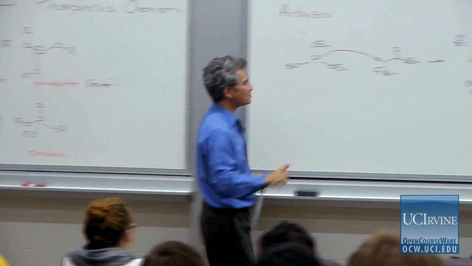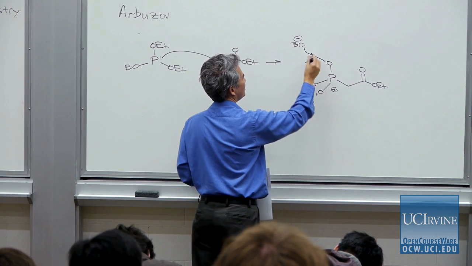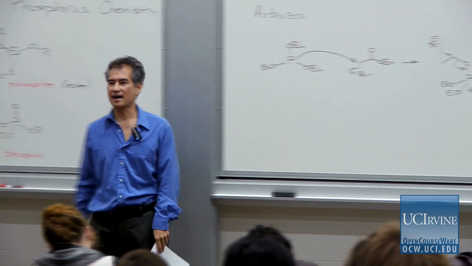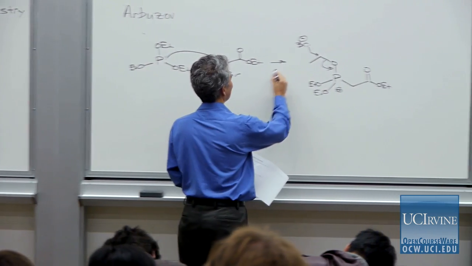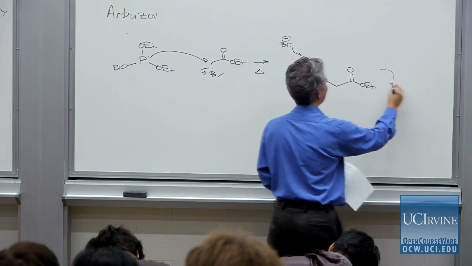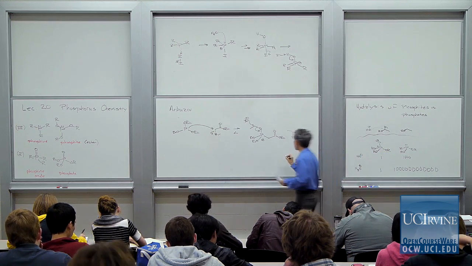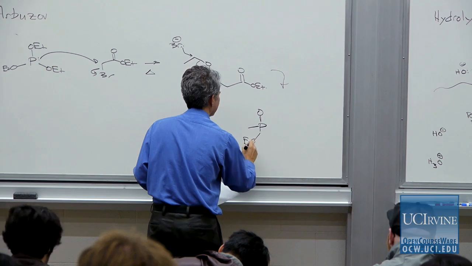We want to generate a P=O type bond here. There's a huge thermodynamic driving force, and kinetically that's very fast. Well, you still have to heat these reactions substantially, so I don't want to say it's that fast. That's the slow step right there, cleaving that carbon-oxygen bond. But ultimately what you get out of this is a phosphonate.